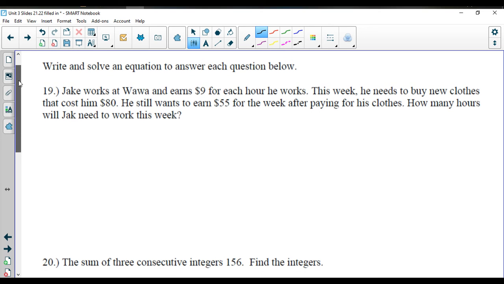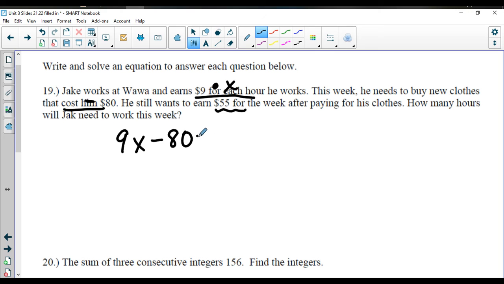For the next couple, we're going to write and solve equations. So Jake works at Wawa, and he earns $9 for each hour. So I'm thinking 9 times x here. This week, he needs to buy new clothes that cost him $80. So costing him would take away from what he earns, and he still wants to earn $55 for the week after paying for his clothes. How many hours will Jake need to work this week? So he has $9 per hour, and he's going to subtract the $80 that his clothes cost him.